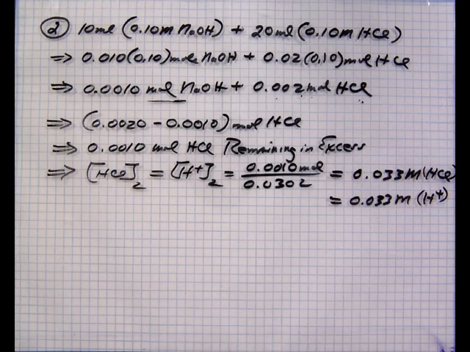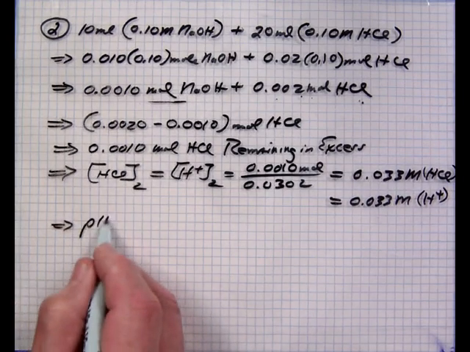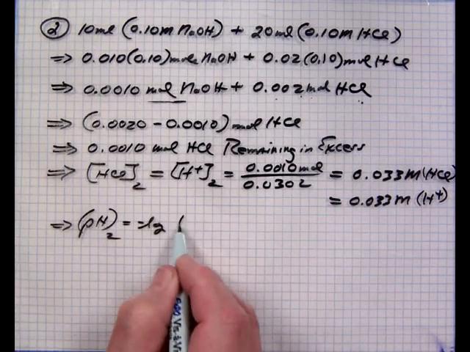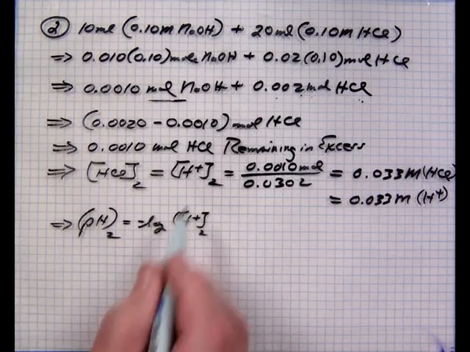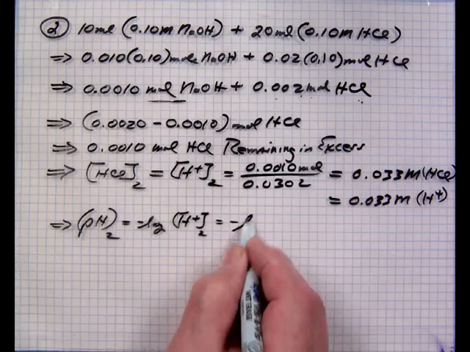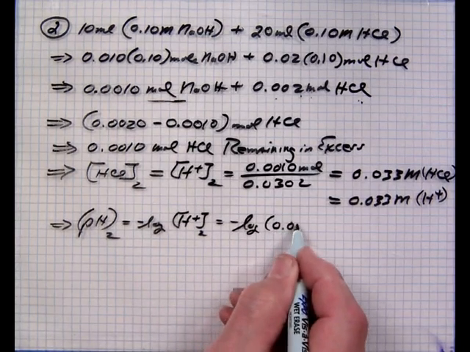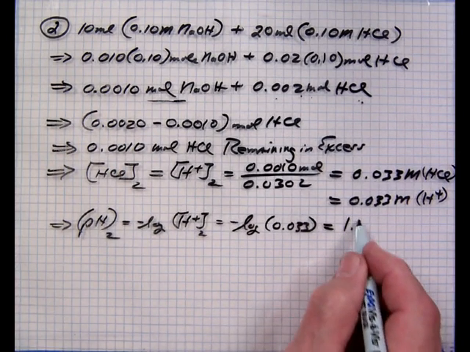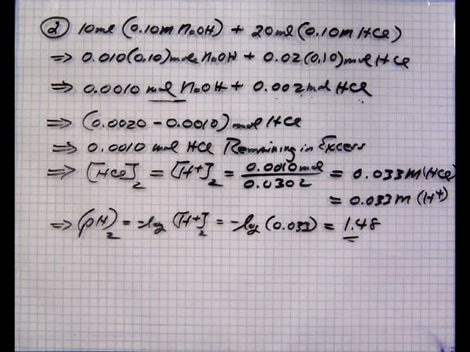Now we'll take the hydronium ions and apply it to the pH equation. pH after the second titration is minus log of the hydronium ion concentration, 0.033, and that takes us to 1.48. The pH after addition of 10 milliliters into 20 milliliters.